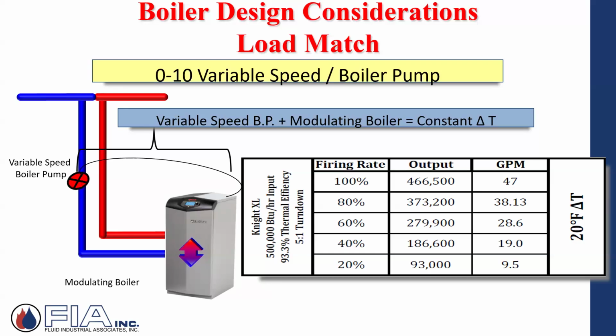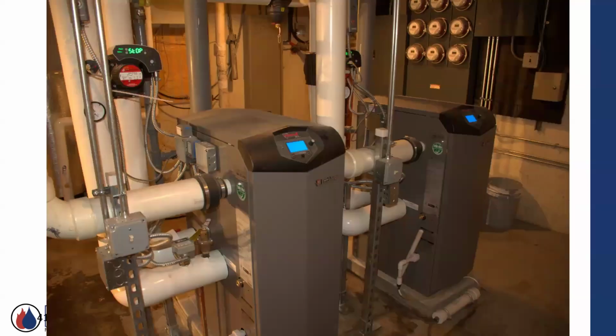Now, as I reduce my firing rate, let's reduce our speed, our GPM, to maintain a fixed, say, Delta T across the heat exchanger. The boiler will have an inlet sensor on the heat exchanger and an outlet sensor, with some logic up here sending that signal. So it allows that boiler to be a little more efficient and not short cycle on and off. There's a lot of benefits to controlling the speed of the boiler pumps, so we do it all the time.